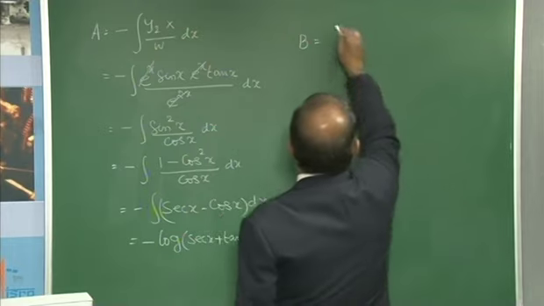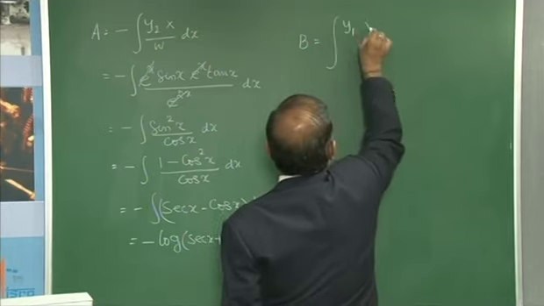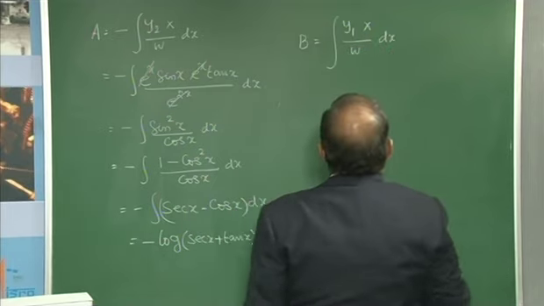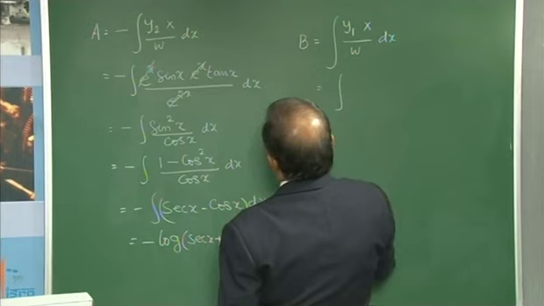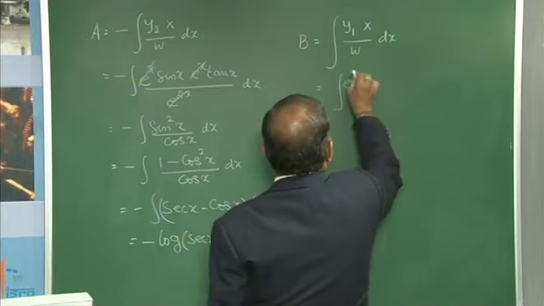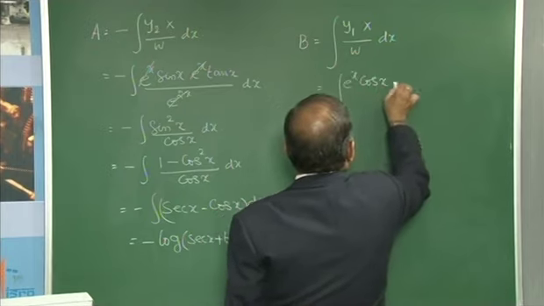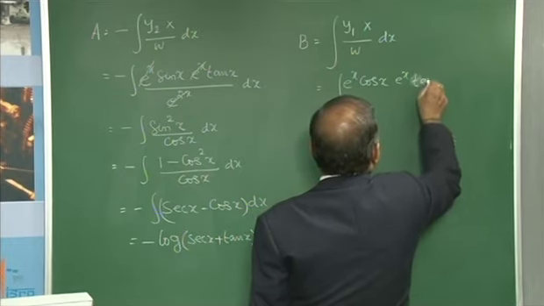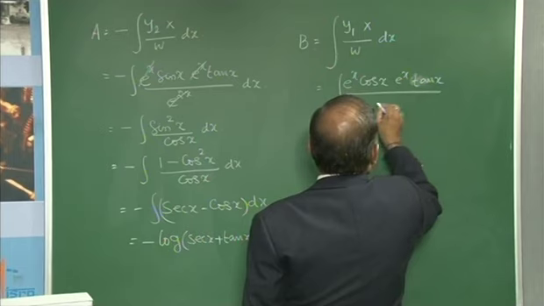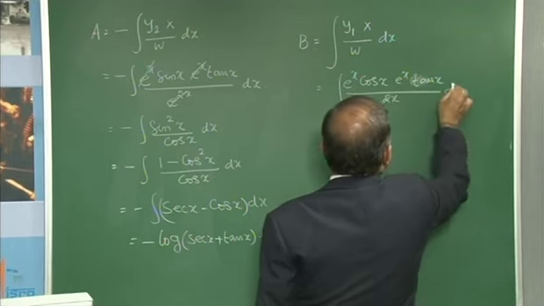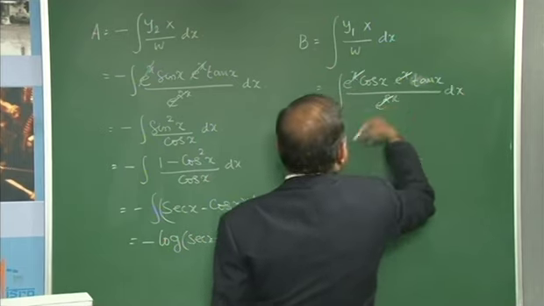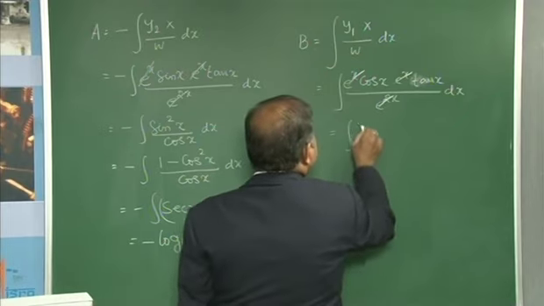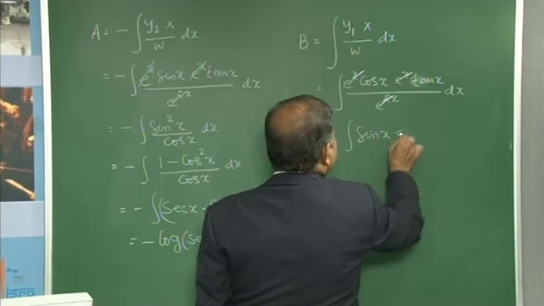B is integral y1 capital X by W dx. That is, y1 is e^x cos x, capital X is e^x tan x, by e^2x dx. Again that tan x is sin by cos, I will get integral sin x dx.